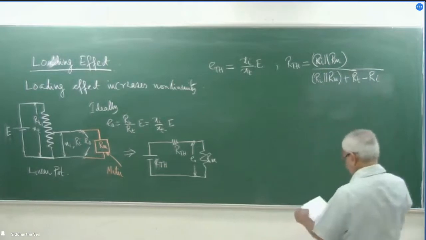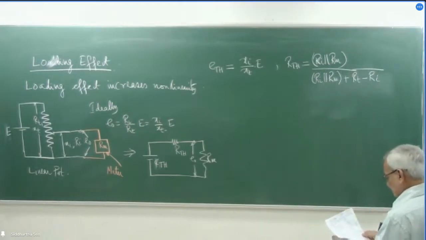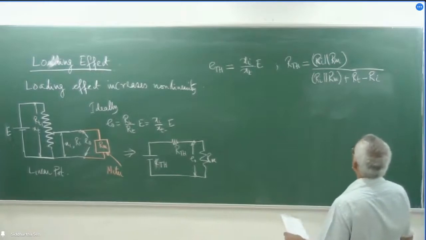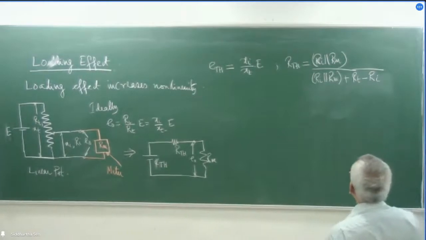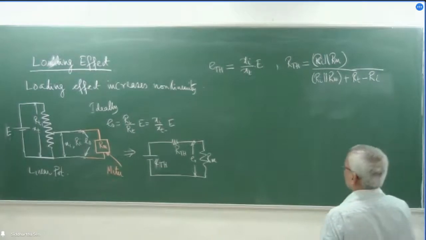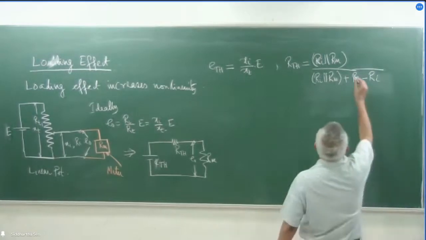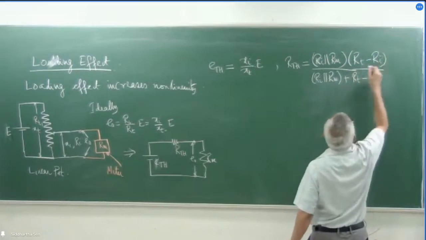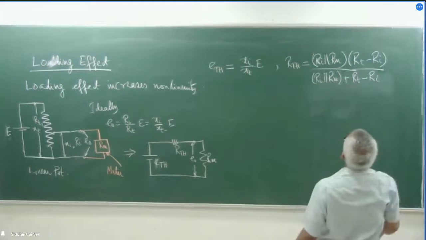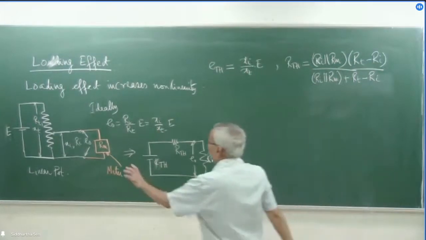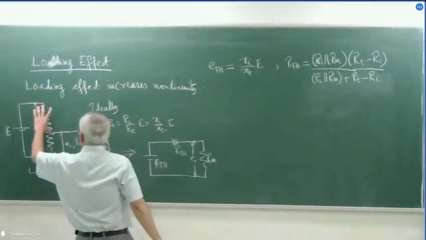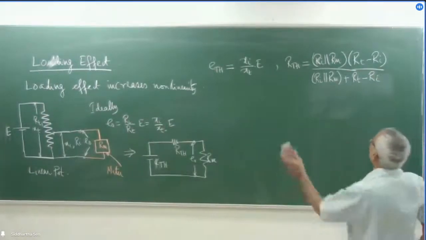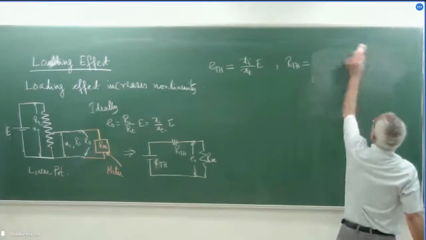Can I write it? Is it okay? Because here it would be into RT minus Ri. RTH is this, sorry, parallel to this one. Sorry.